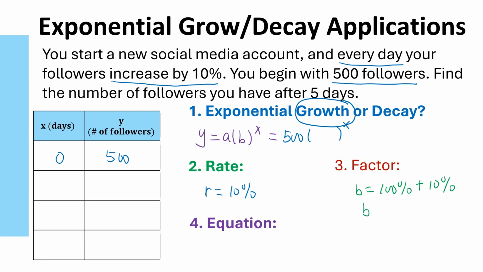Therefore, this is a total of 110%, and to convert that to a decimal, divide by 100, and that's going to give you 1.10. So to get the followers for the following days, you're multiplying by 1.10 each time.